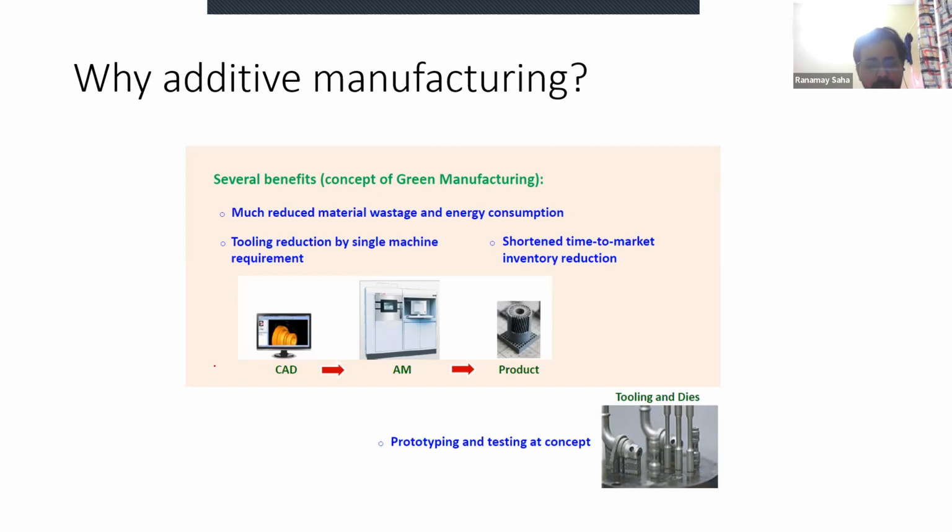If you can make it in a shorter period of time and the equipment requirements are very low, then the time to market is highly shortened, right? So you can see this type of tooling and dies can be manufactured through additive manufacturing at concept levels.